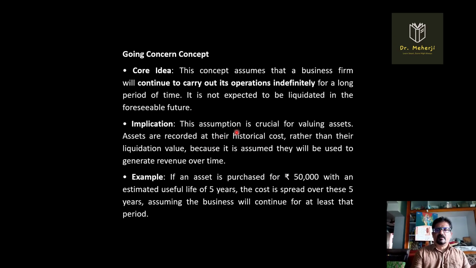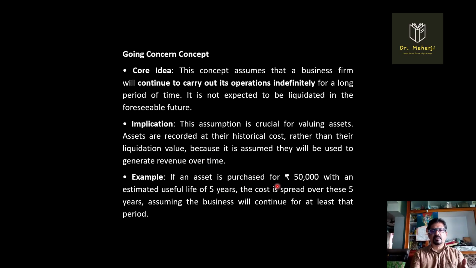Implication: it is crucial for valuing assets. We record the value of assets at historical cost, not at their liquidation value. Why? Because it is assumed they will be used to generate revenues over time.